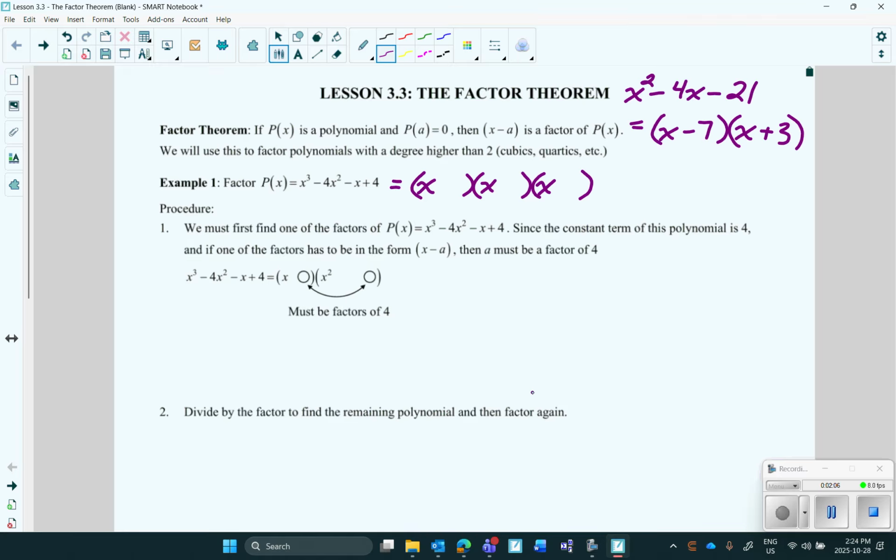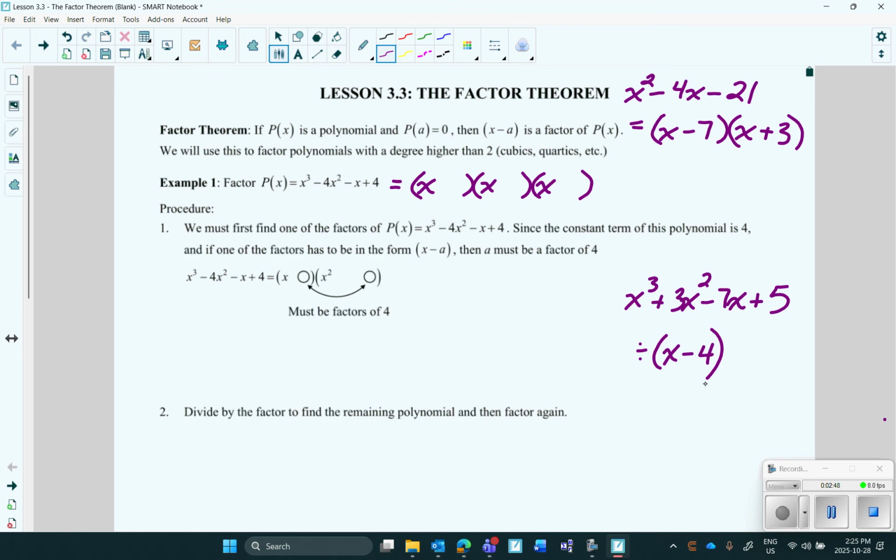If you find the remainder of some polynomial by plugging, like if I said, you don't have to write this down, x cubed plus 3x squared minus 7x plus 5 or something like that, and I want to divide by x minus 4, then if I plug 4 in here for x and calculate it and it equals 0, that means this is a factor.